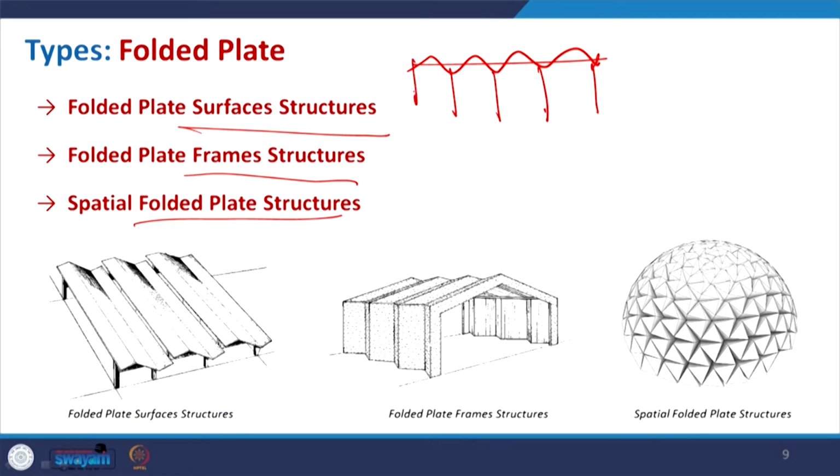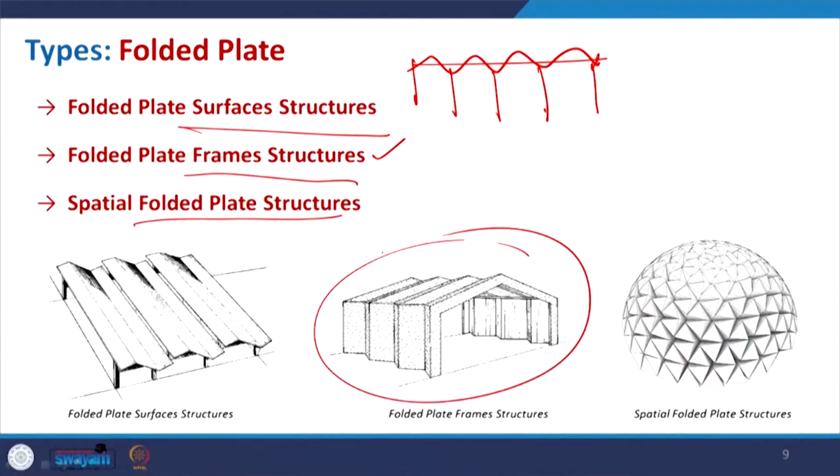Here, if I take this example, the same member is getting the fold, the roof and the wall as well. So this is basically category number 2, which is very similar to the folded plate frame structures. The spatial folded plate is basically getting a different form.